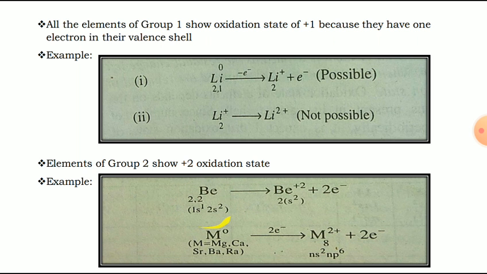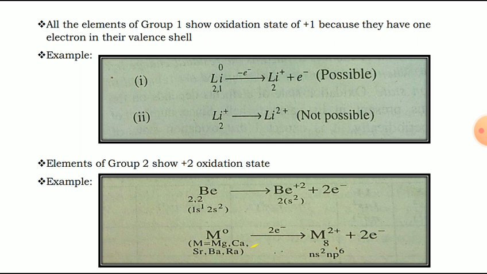When beryllium loses these two electrons, it acquires a Be2+ charge, and only two electrons remain. So from group 2 only the two outer electrons are lost, and the remaining stay as they are. Here M stands for magnesium, calcium, strontium, barium or radium.